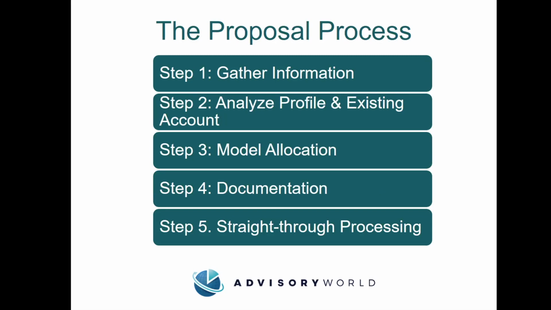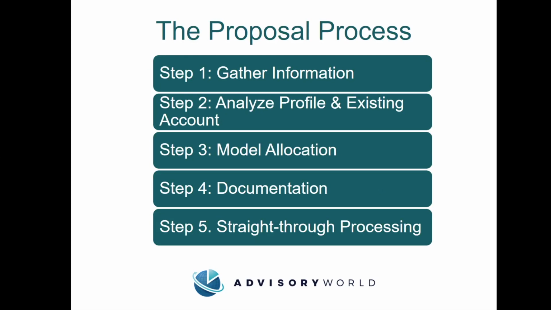Okay, so we've got 5 basic steps that I'm going to take you through today. The first couple that you see here is where we are really leaning on our amazing integrations with Redtail. So gathering information, having the ability to pull prospect or client information into our applications through our integration with Redtail or other integration partners of ours.